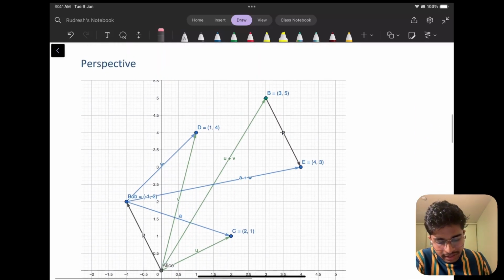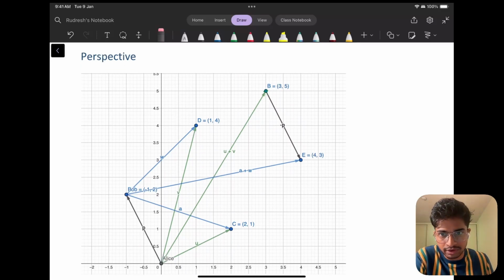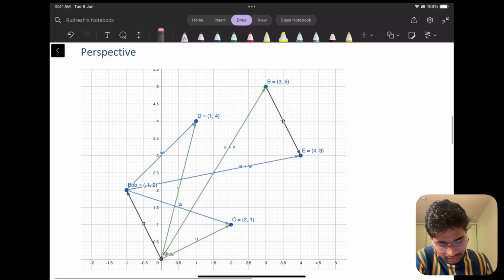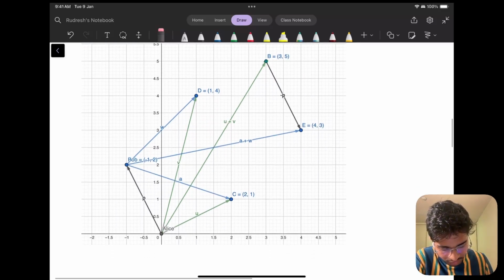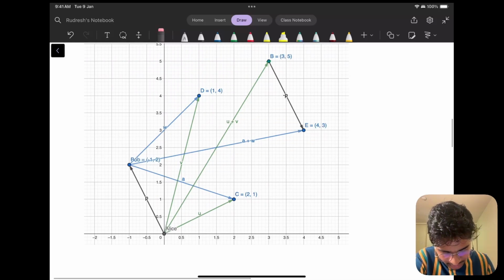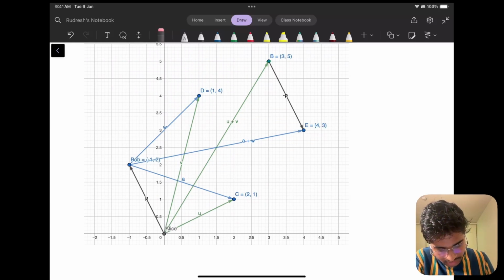When I was saying that a different origin just means a different perspective, this is how it pans out. Here, let's say we have two observers. One is Alice, and then there is Bob. Both of them are trying to observe the same thing, but they have different perspectives.